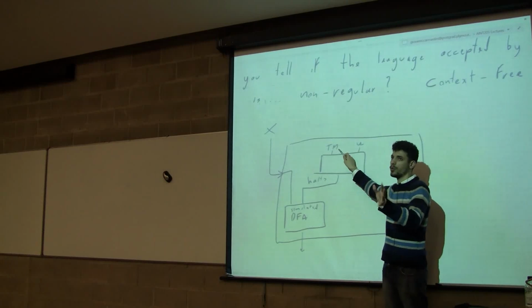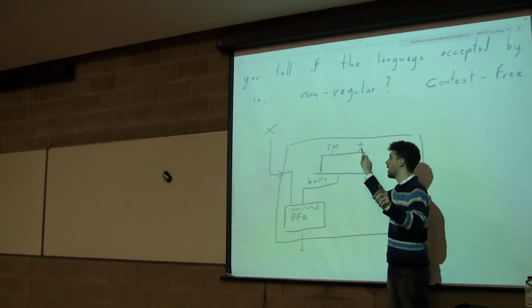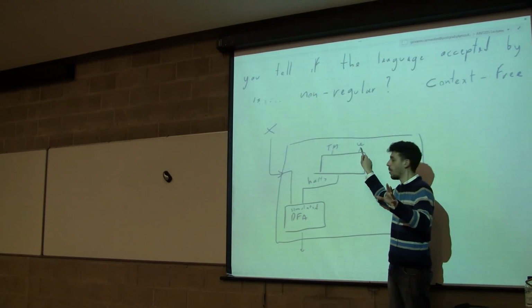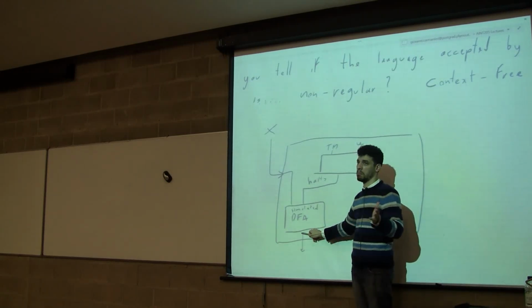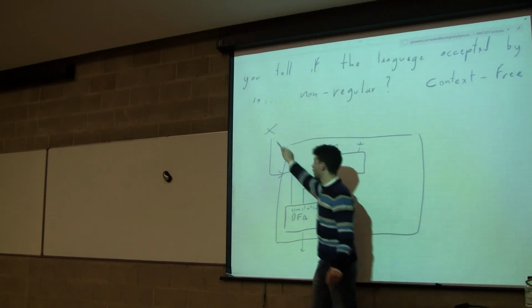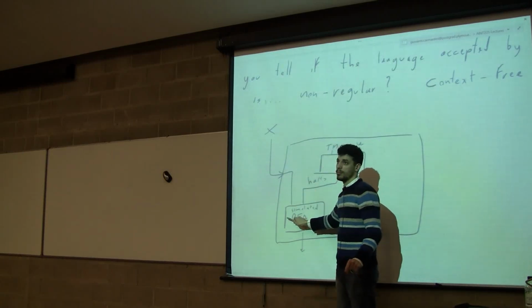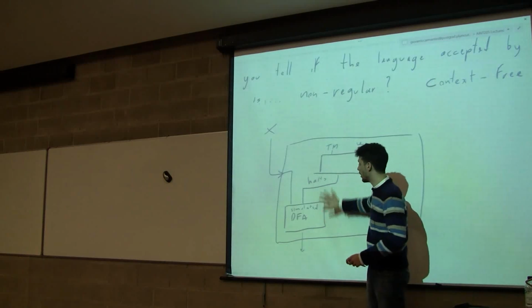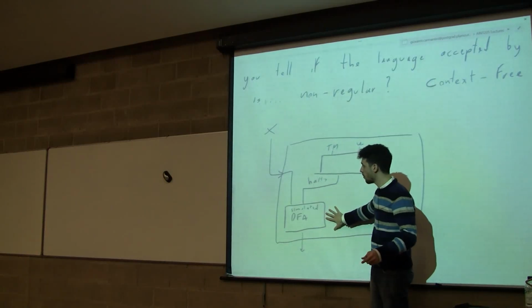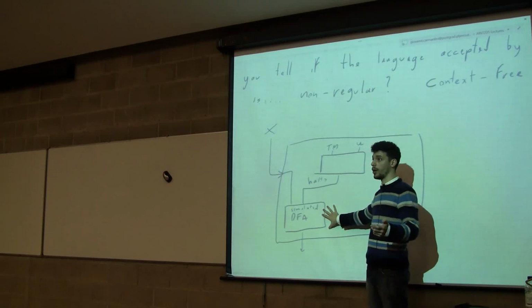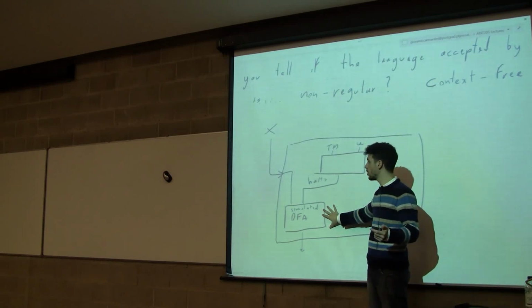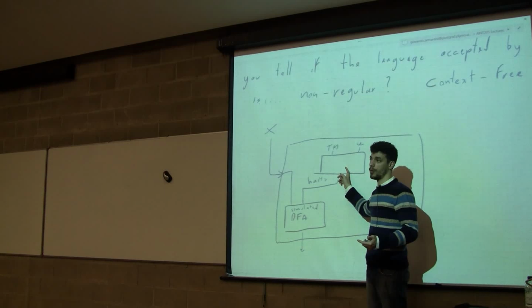So you build some Turing machine which first simulates TM with input W, and if it halts, simulates a DFA with input X. So if you have an algorithm which can tell me if this Turing machine accepts a non-regular language, then you solve the halting problem.